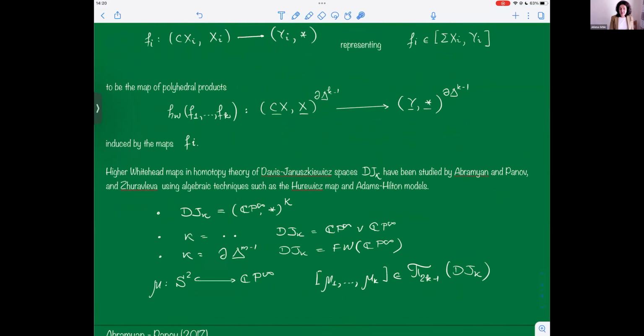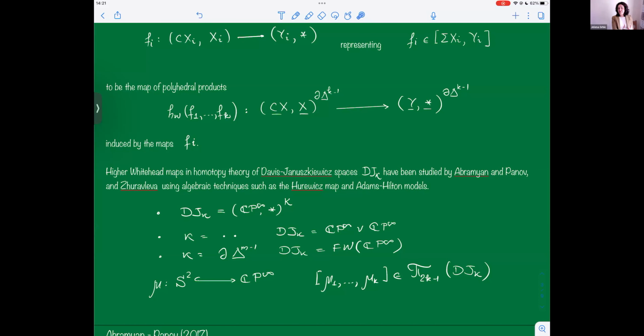Davis-Januszkiewicz space, as I said, is an example of a polyhedral product in which all topological pairs are identified by CP infinity, infinite dimensional complex projective space, and the subspace we are taking is just the base point. Okay, so relevant examples for us are when we have a K that is, to start with, just two disjoint points, in which case the Davis-Januszkiewicz space is CP infinity wedge CP infinity.